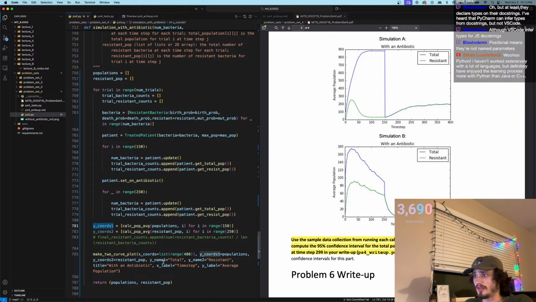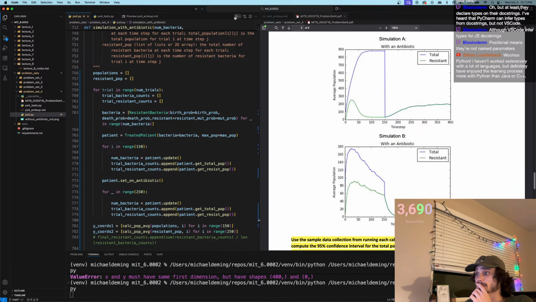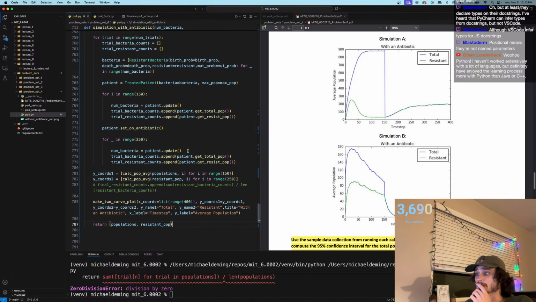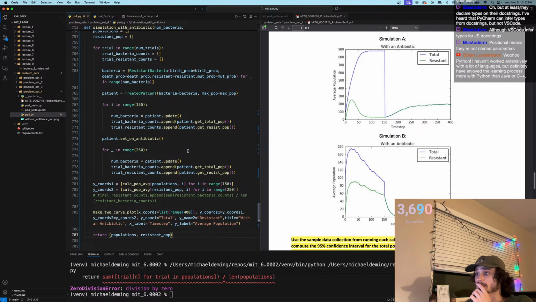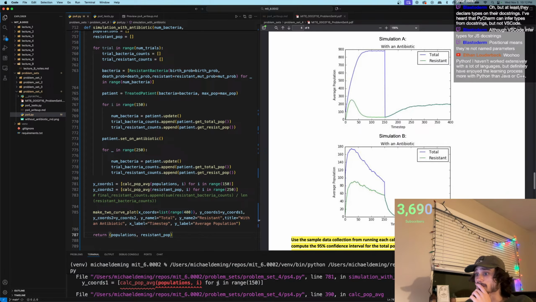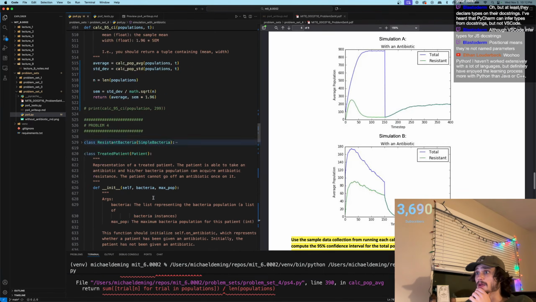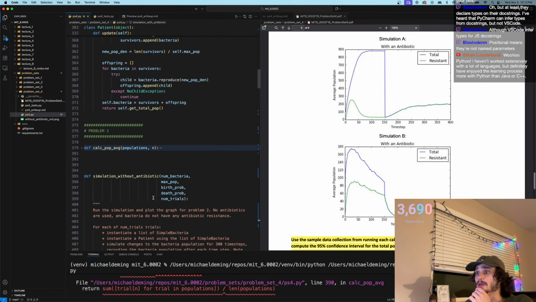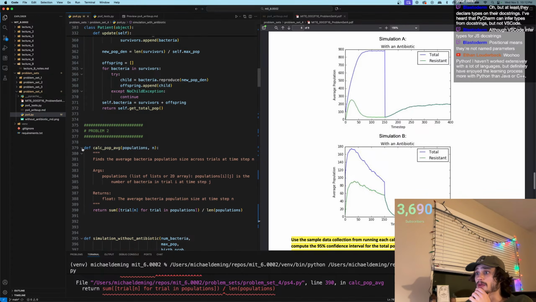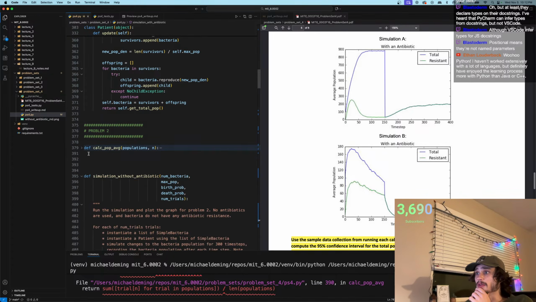Now if we plot these values, length of populations.